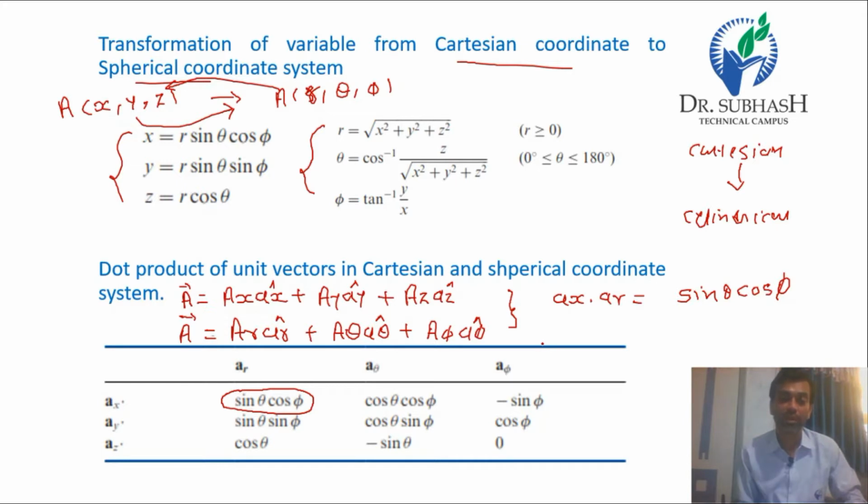So this formula and this table are very important for the example of transforming the Cartesian coordinate system to the spherical coordinate system, and I advise you to remember these formulas and tables.